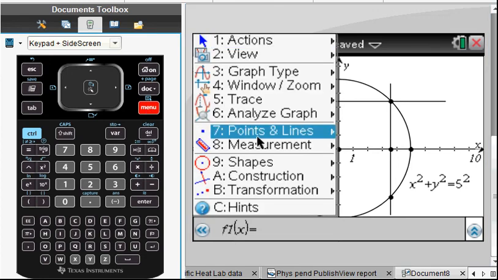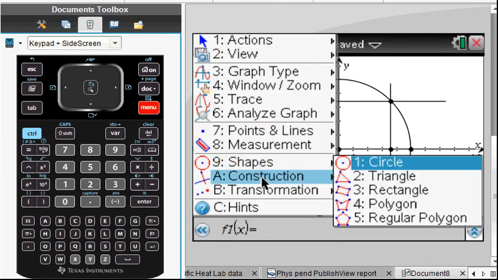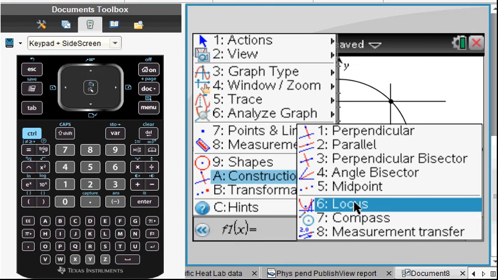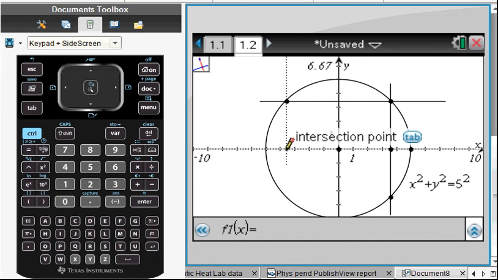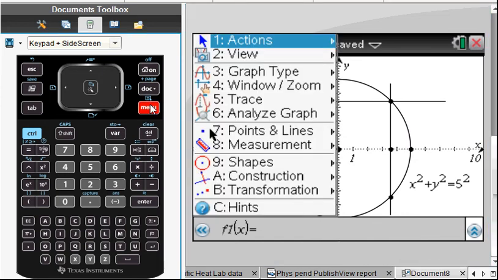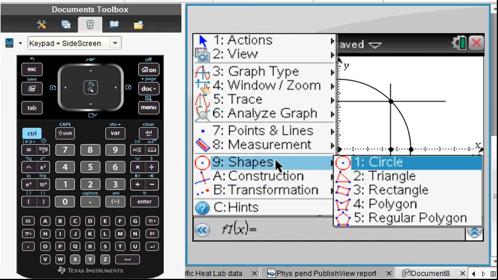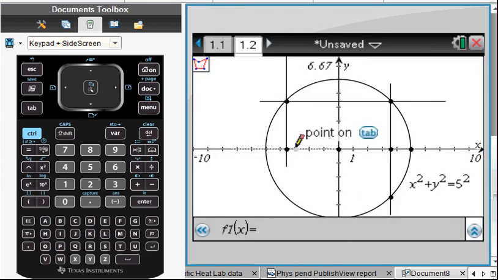Actually, I'll do a polygon with perpendicular, click, click. There's all the points. And we will now do a shape called a polygon, with 1, 2, 3, 4 points.